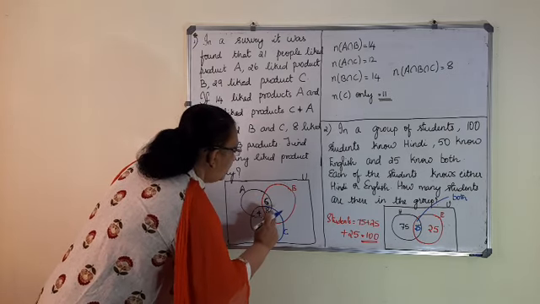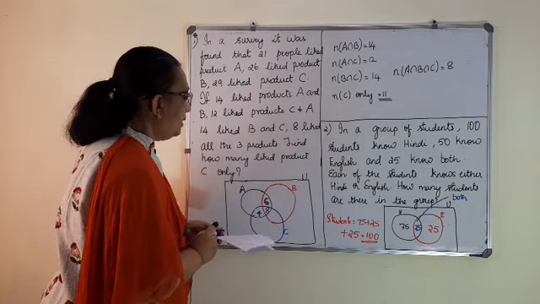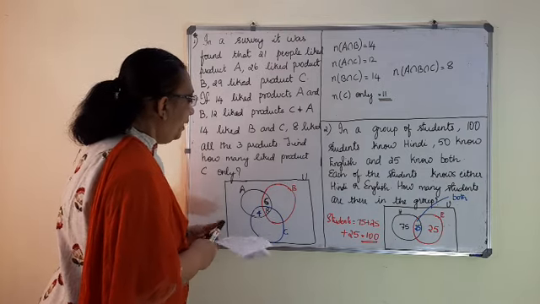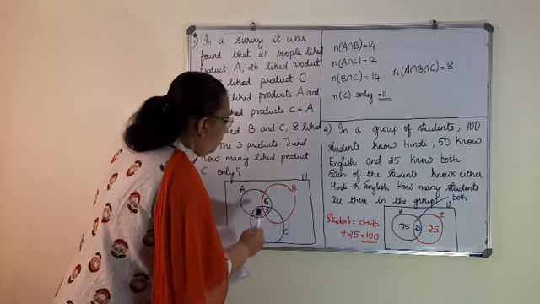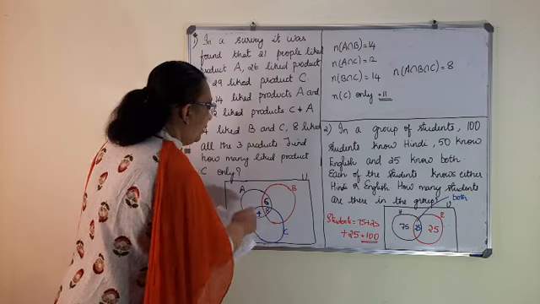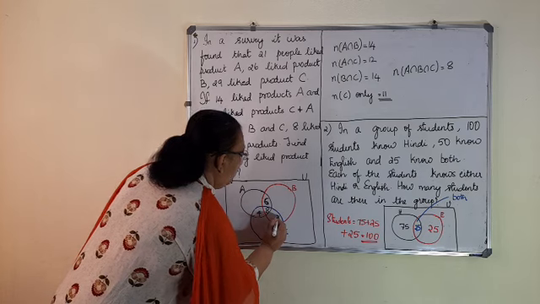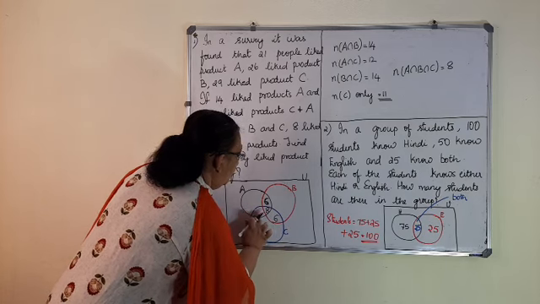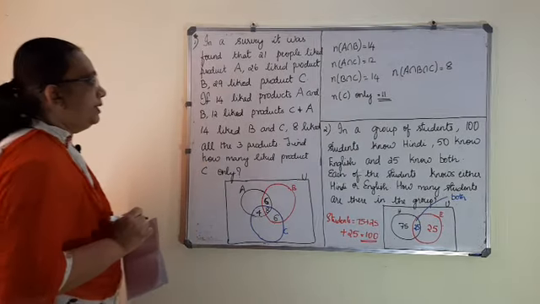And B and C, that is red and blue, is liked by 14. So 8 is common to all the three, and the remaining is equal to 6.